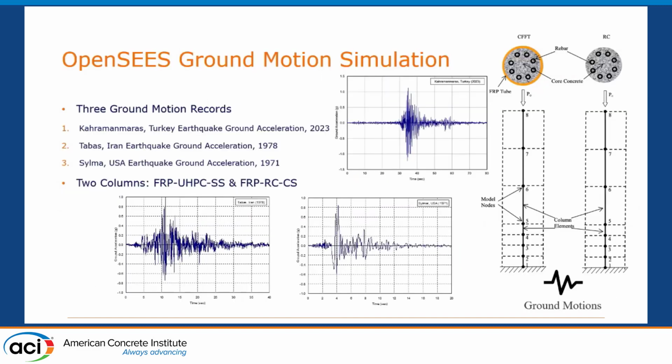So with that, finally, this model was used for ground motion analysis, time history analysis, under 3 earthquakes. The most recent one is the 7.8 magnitude Turkish earthquake, and also the Tabas earthquake and the Soma earthquake, and the results are here.